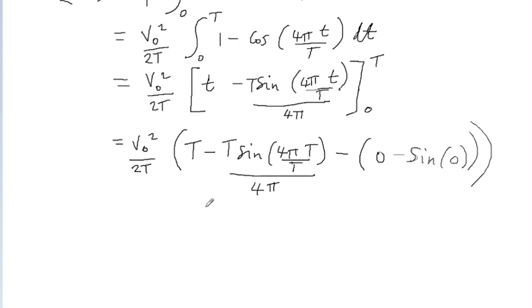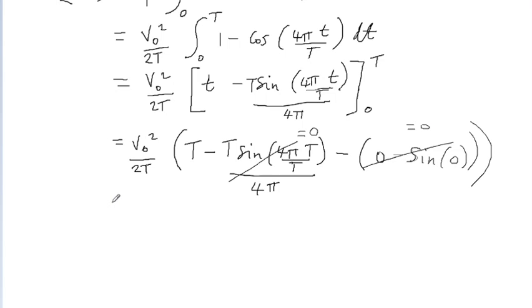All right, I'm hoping that you can see that this thing, sine 4 pi, is 0, right? It's 2 complete cycles of sine, so that's 0. And of course this is 0, and sine 0 is 0, so all of this stuff is 0, right? That's 0.